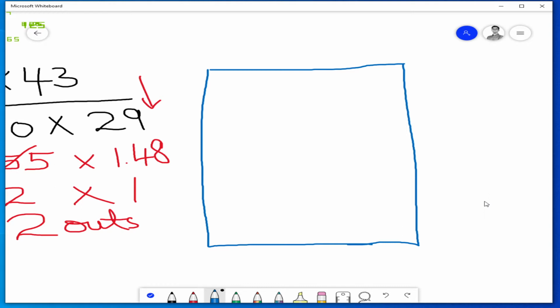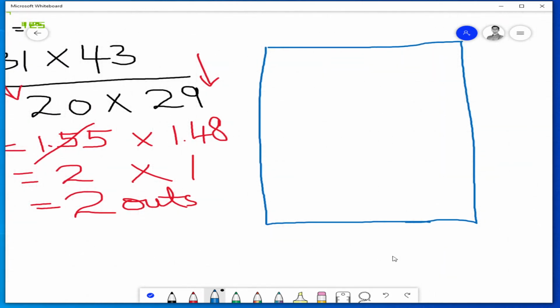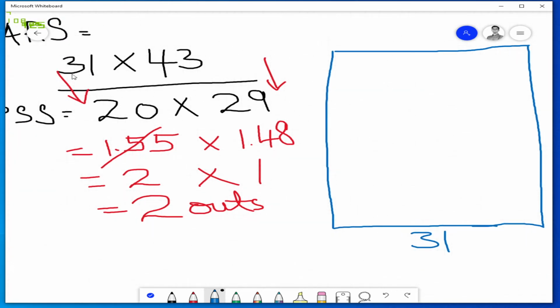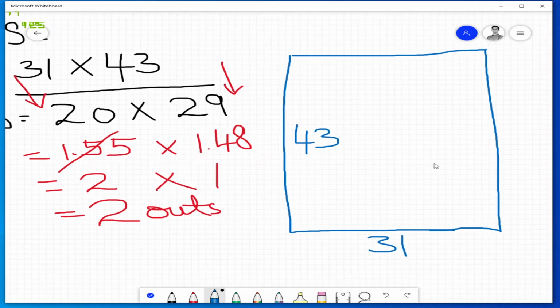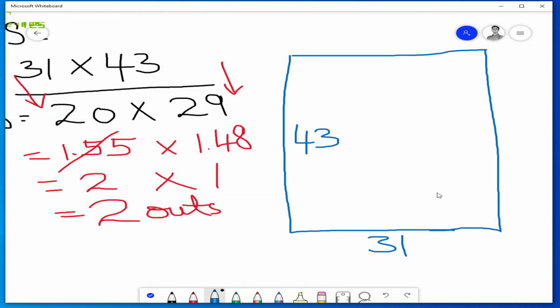Okay? This is the 31. This will be the 43. Ni ketah ni.